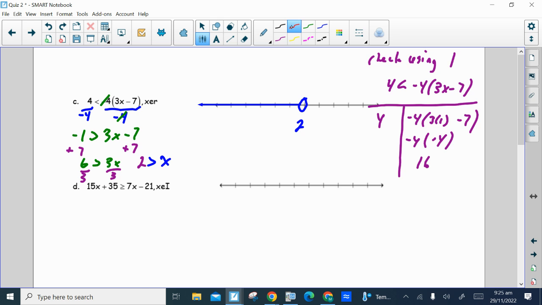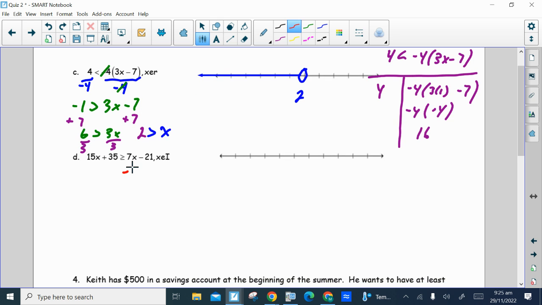Question D. I would subtract 7x from both sides as a starting point. 15x take away 7x is 8x, plus 35 greater than or equal to -21. Then I would subtract the 35 from both sides.